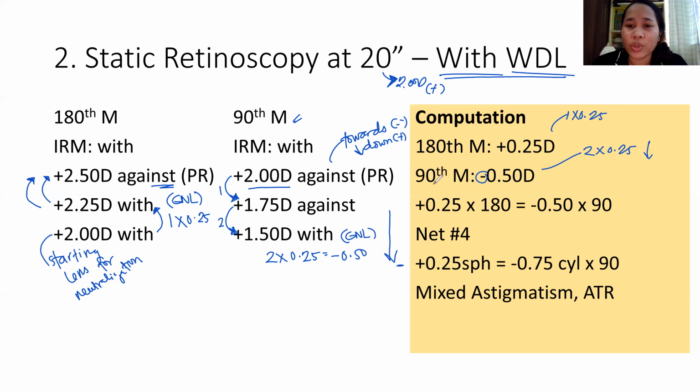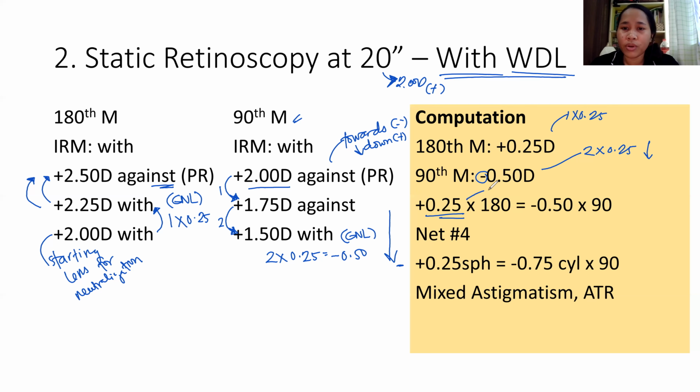Okay, so you do the cross cylinder form: plus 0.25 axis 180 combined with minus 0.50 axis 90. The new sphere will be more plus, less minus. So this will be our new sphere.